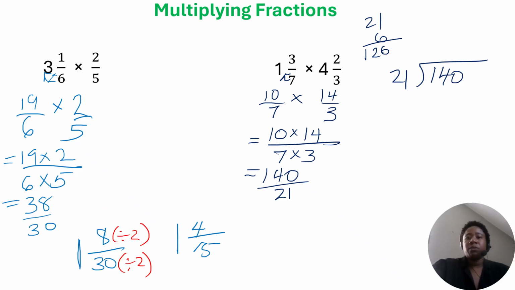So we know that we can get 21 from 140 6 times. So 6 times 21 is 126, and we do our subtraction. 126 from 140, it'll be 14. Am I correct? 14. Okay.